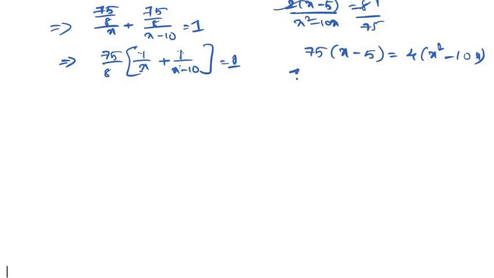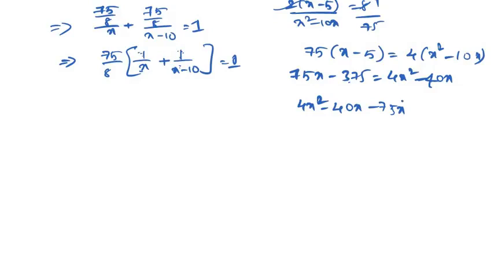Here it will become 75x minus 375 is equal to 4x square minus 40x. Okay, so this will go to that side: 4x square minus 40x minus 75x, and minus 375 will remain here, is equal to 0.